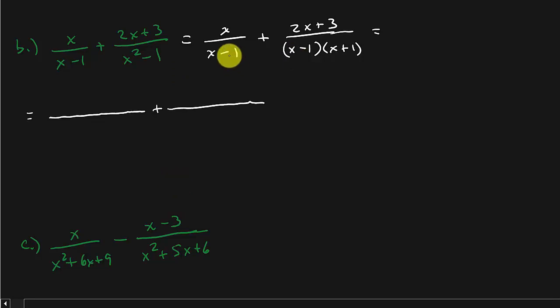All right, so what we do is we look at each different factor in the denominator. We've got an x minus 1, an x minus 1, and an x plus 1. Let's look at the x minus 1. How many times does the x minus 1 appear in this denominator? One time, right? And how many times does it appear in this denominator? One time. What's the most number of times it appears in one of them?